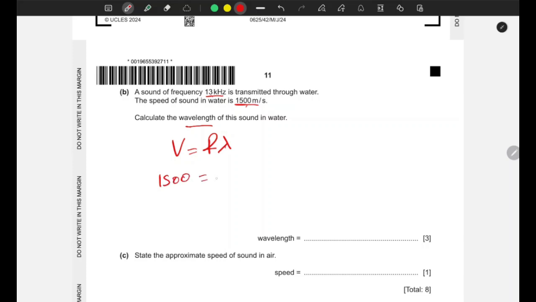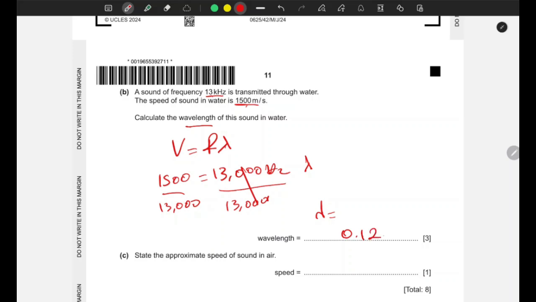Frequency is 13 kilohertz, which is 13,000 hertz. And we have the wavelength. So divide both sides by 13,000. So 1500 divided by 13,000 should give us 0.12. So wavelength equals 0.12 meters.